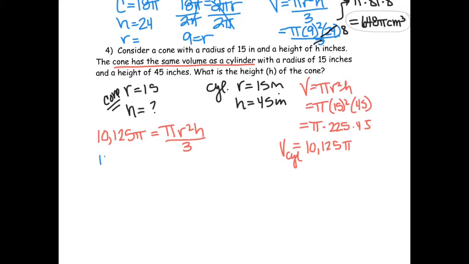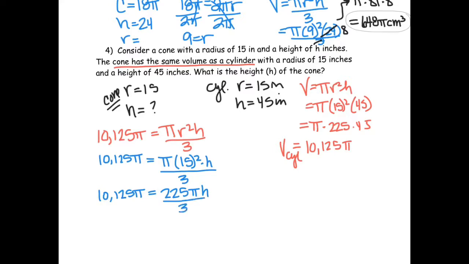So I have 10,125 pi equals pi times my radius, 15 squared, times h, we don't know what that is, all over 3. So that becomes, I'm just simplifying, 10,125 pi equals 225 pi times h, all divided by 3.